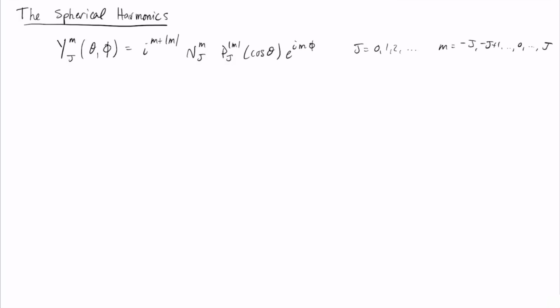Okay, so now let's talk about each of these terms separately. So this first part up here, this is just a sign convention, really. So this i to some power will just be a factor that goes out front, and this is really just based on convention. Next we have this N sub j, m. So the N is just a normalization constant, which is given by the following.